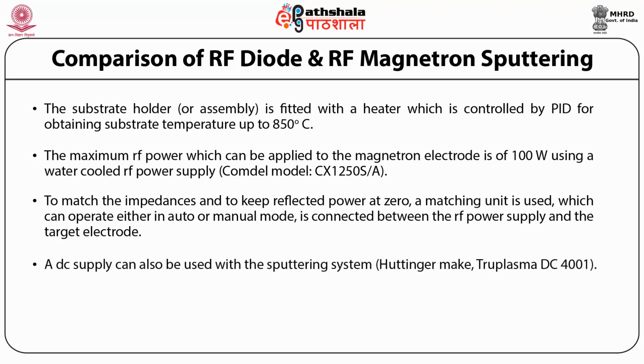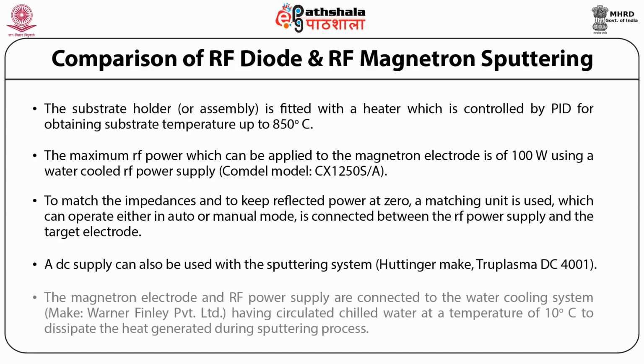A DC supply can also be used with the sputtering system. The magnetron and RF supply are connected to the water cooling system having circulated chilled water at a temperature of 10 degrees Celsius to dissipate the heat generated during the sputtering process.